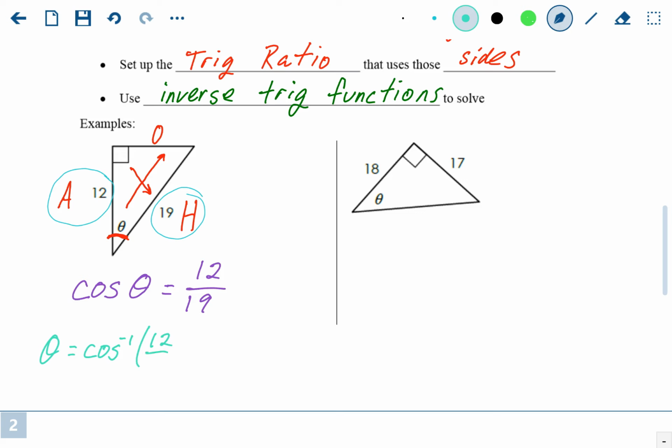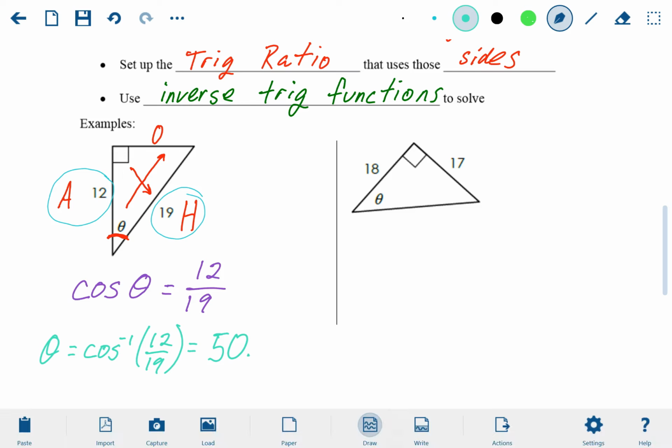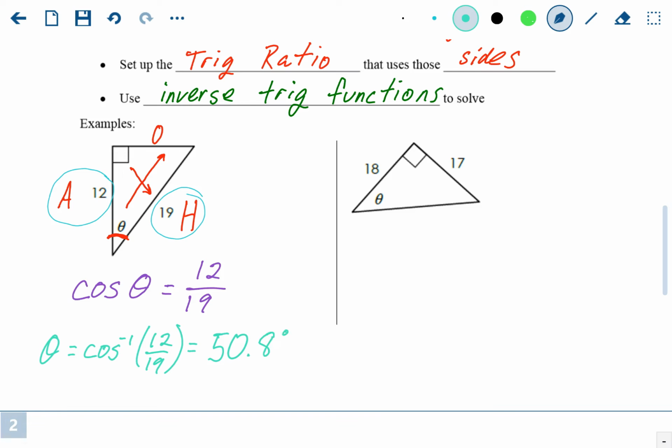We're going to do inverse cosine of 12 over 19. So again, on the calculator, that would just be second cosine 12 over 19. And you should get 50.8 degrees. Again, you need to do that on a calculator, no other way.